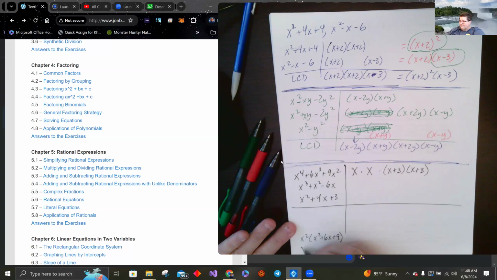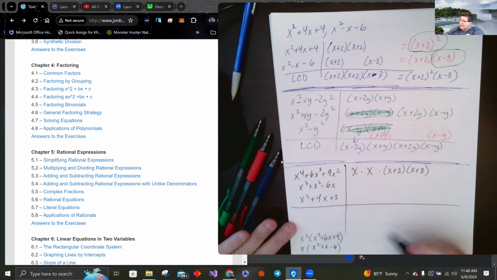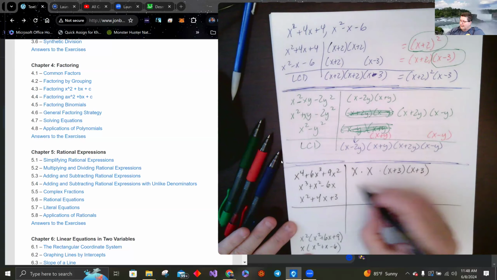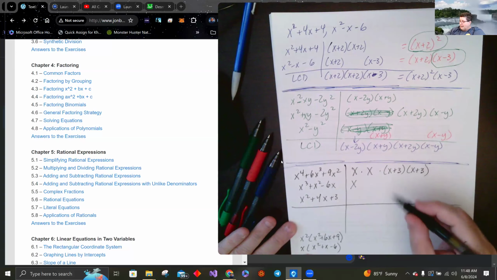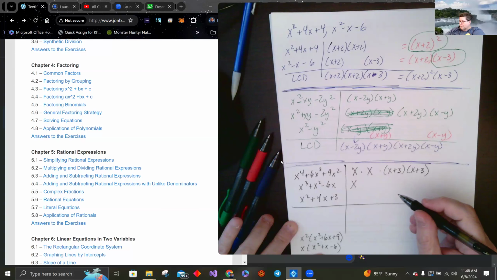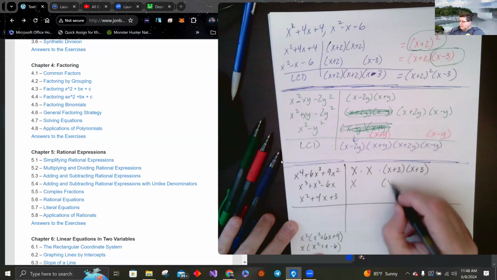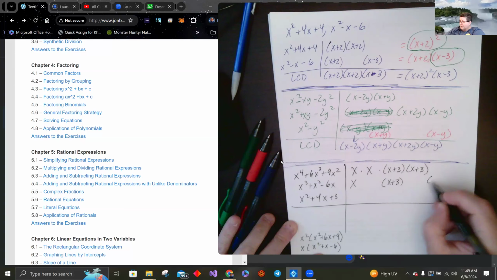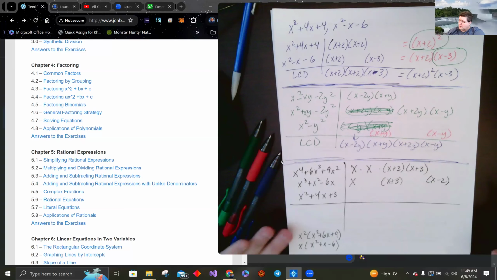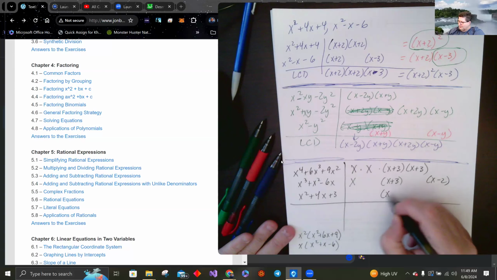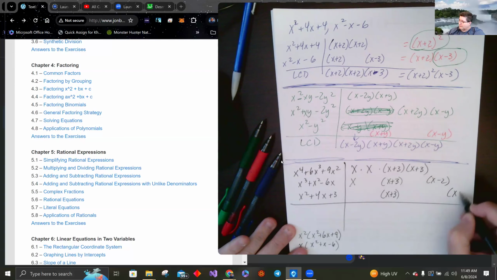On the second one, if I factor out an x, I get x squared plus x minus 6. And if I factor this one, I've got an x here. This factors to x plus 3 and x minus 2. And x squared plus 4x plus 3 factors to x plus 3 and x plus 1.